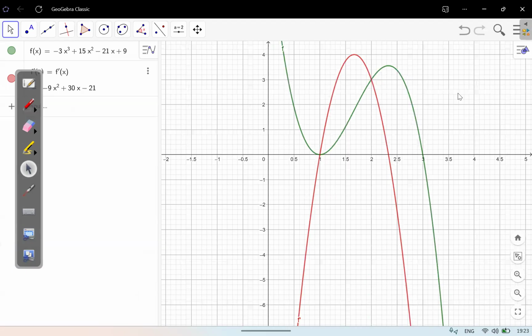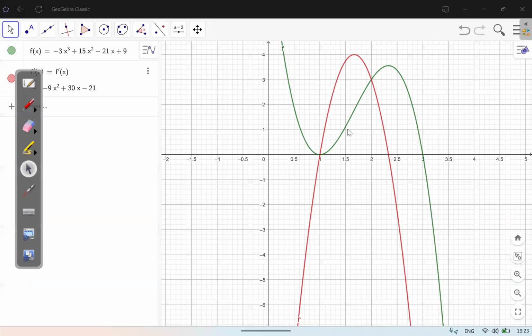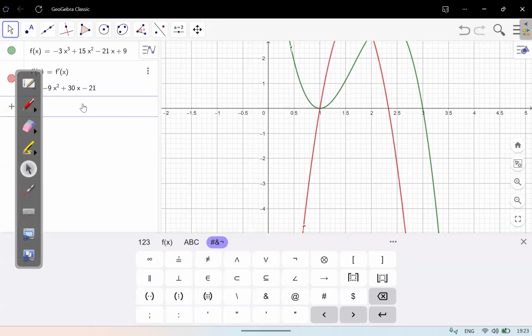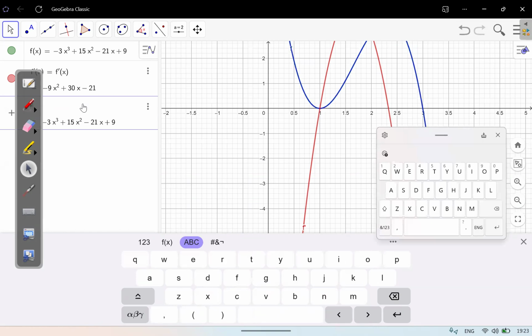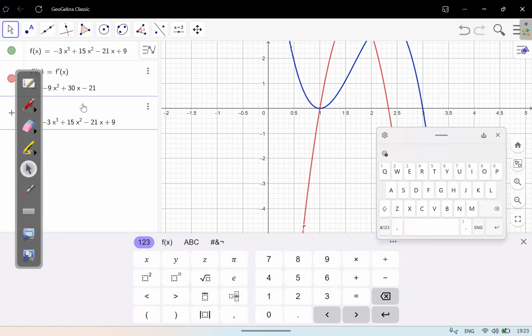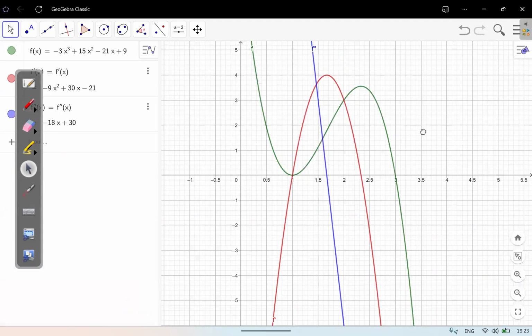So that's the derivative. And of course, it should make sense for this to have a sad face because it is minus 9x squared. So again, the negative. I hope we're connecting the theory here. Now, I'm going to ask GeoGebra again to sketch for me f double prime, which is a straight line. And there's a straight line with a negative gradient.